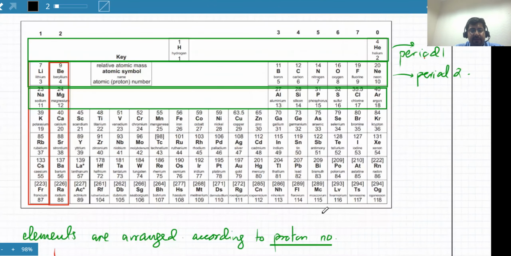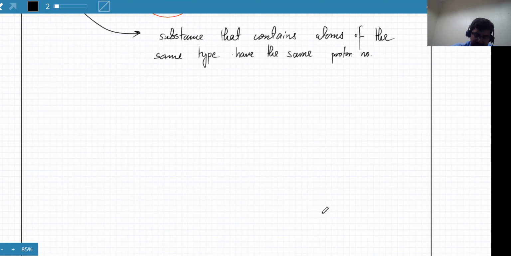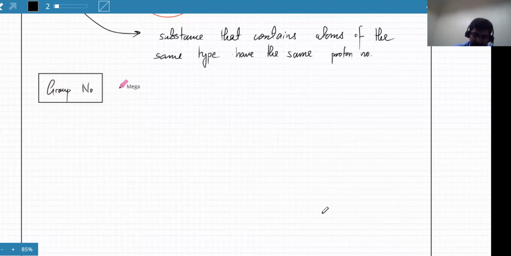The next thing I'm going to talk about is what information do you get from groups. If I tell you that an element is in group two, what does that mean? So the group number tells you the number of electrons in the outer shell, which is known as the valence shell.